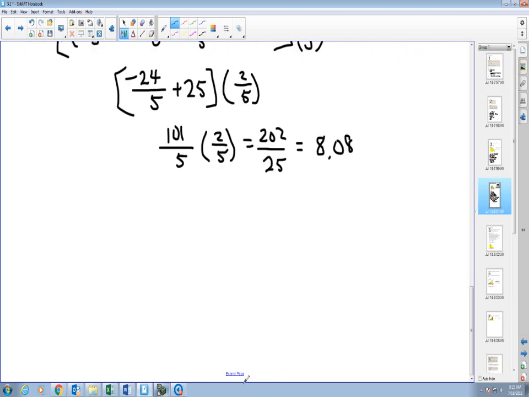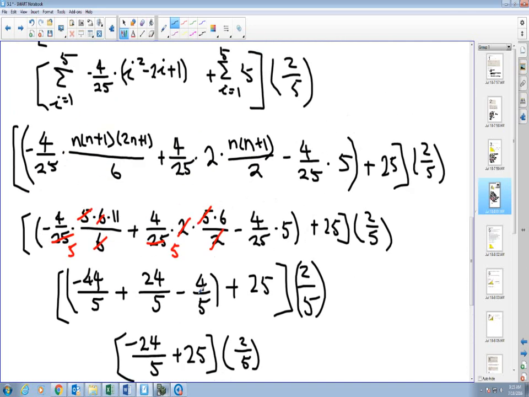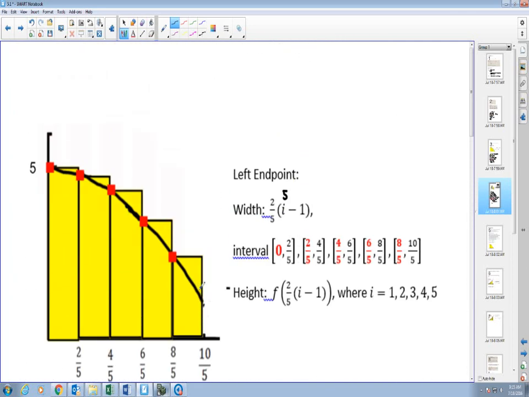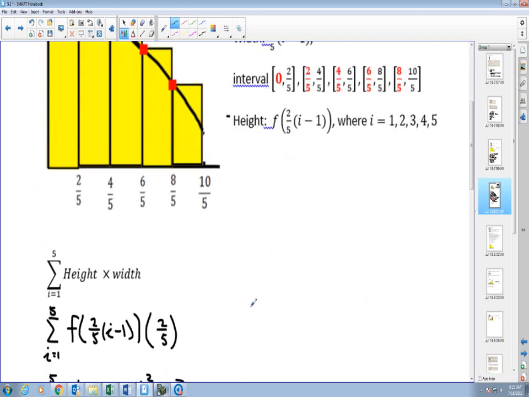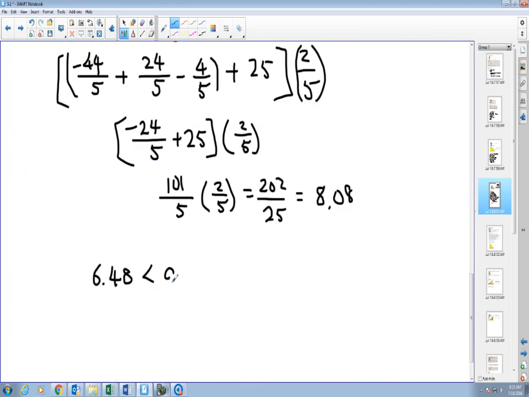So my approximation of the area under the curve has to be between 6.48, from the right end and the left end, and 8.08. So my area under the curve has to be between these two approximations.